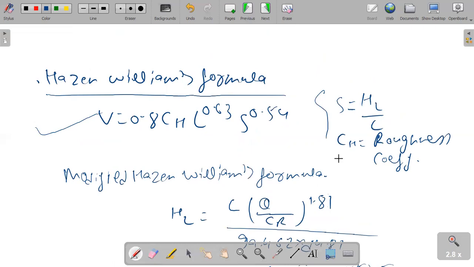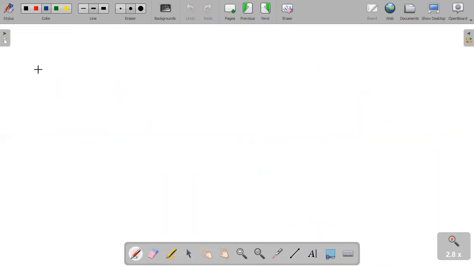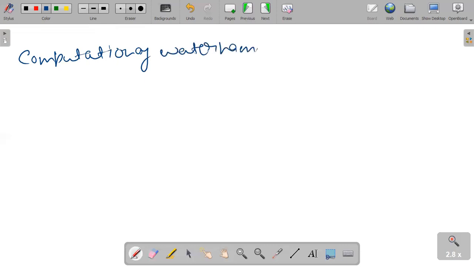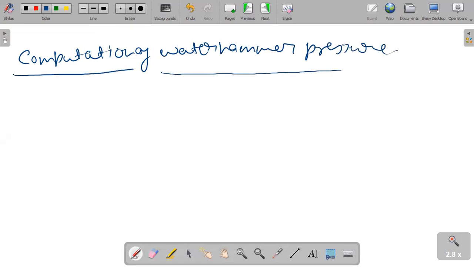Let's move on to the next thing, computation of water hammer pressure. Basically we denote it as H max.